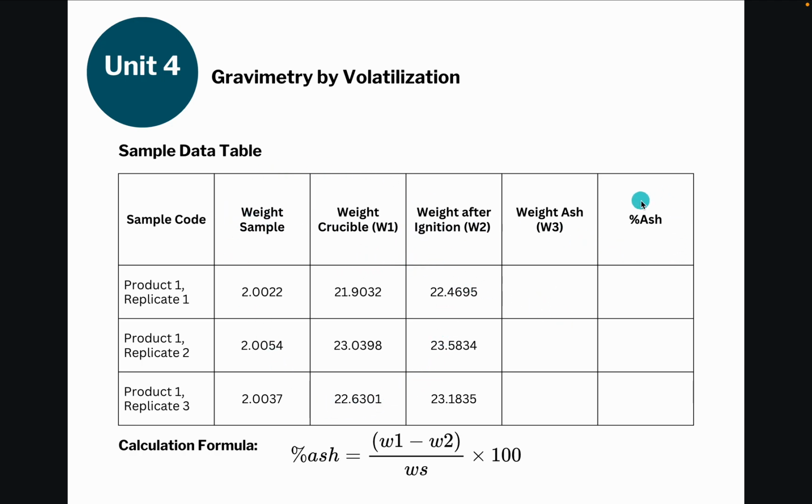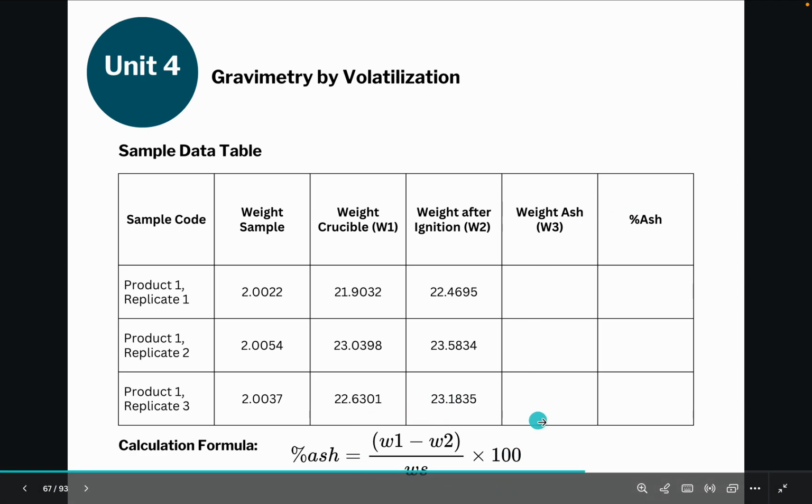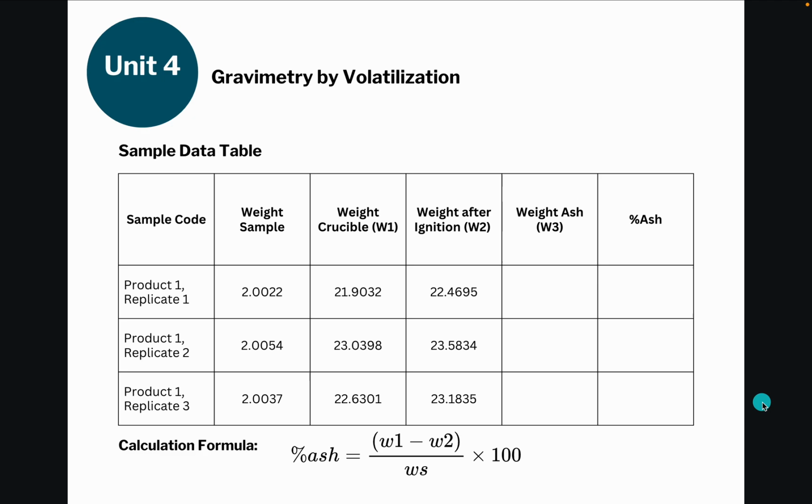For the percent ash, I already included here the sample calculation from the standard method. W1 refers to the weight of the crucible, minus W2, which is the weight after ignition, and WS is the weight of the sample, times 100. So we just substitute the values here. That's per replicate; we need to calculate the percent ash.